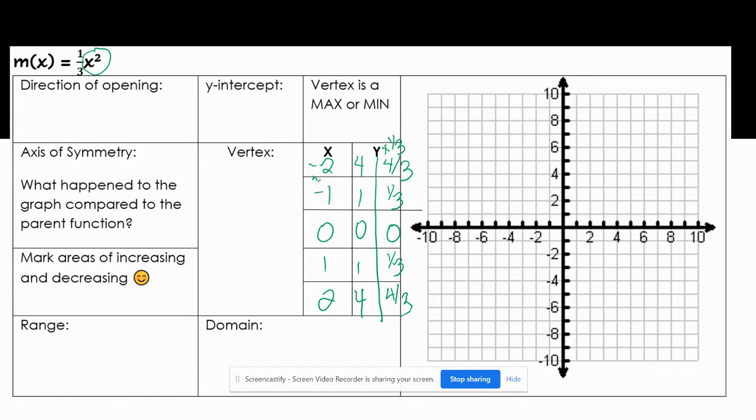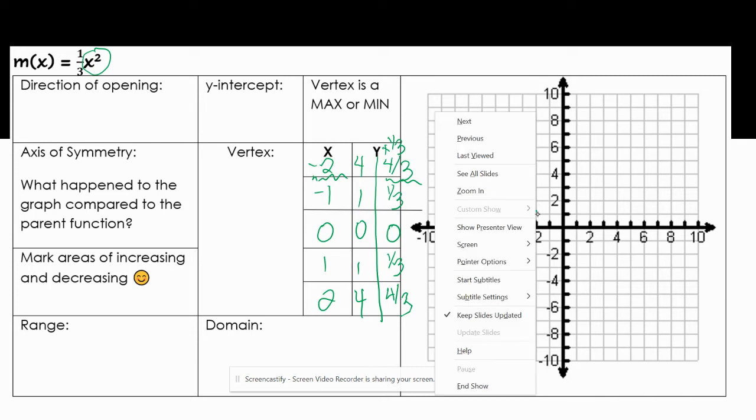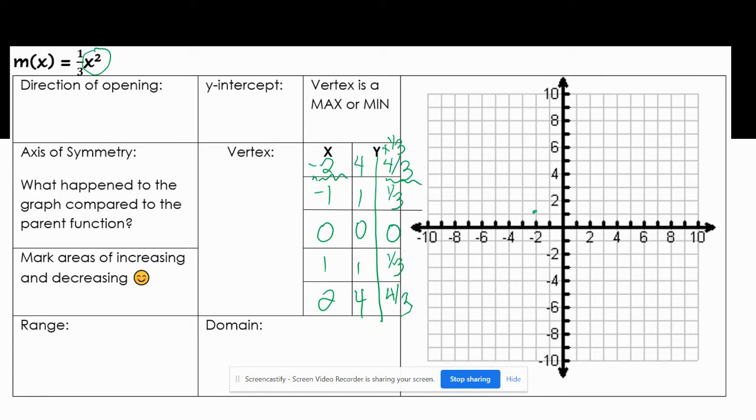So to graph, we have negative 2, 4/3. Well, 4/3 is about 1.33. So we're going to estimate it about right there. Negative 1, 1/3 is about right there. 0, 0, 1, 1/3, and 2, 4/3. And so sketching a rough graph, that's what our graph looks like.